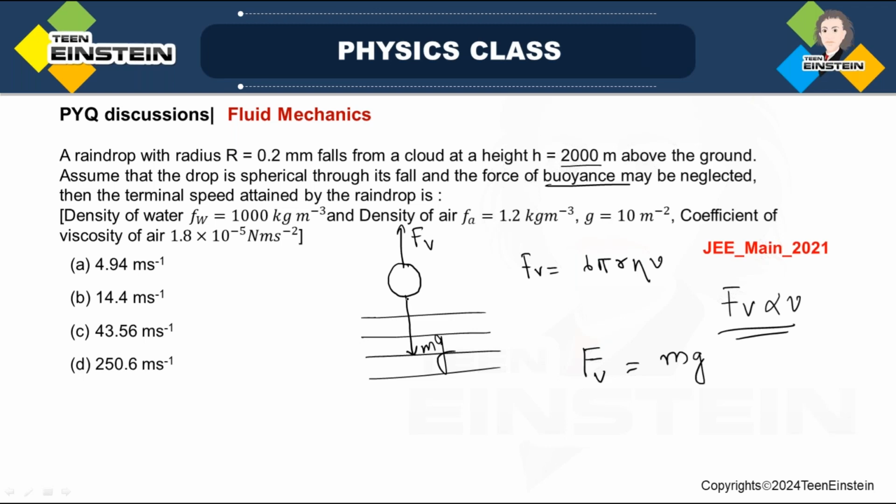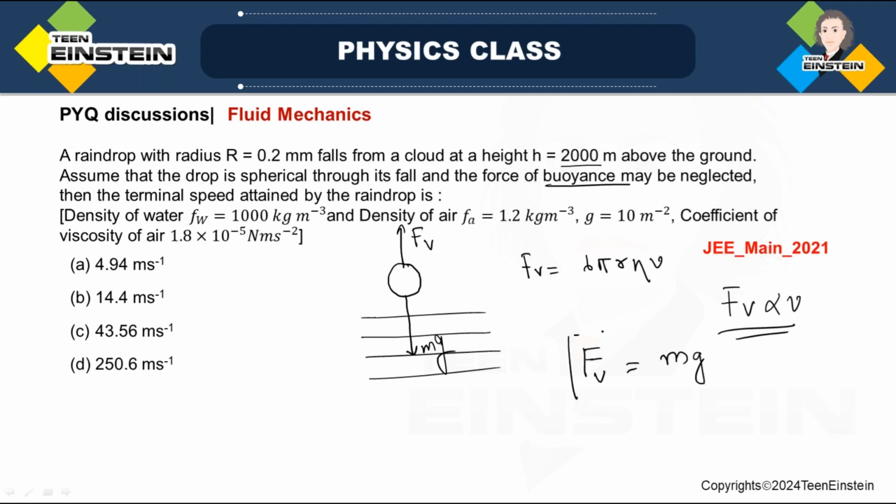So when there is no net force on any object, it will be moving with a constant or uniform velocity, or if the object is stationary, it will remain stationary. That is Newton's first law in mechanics.